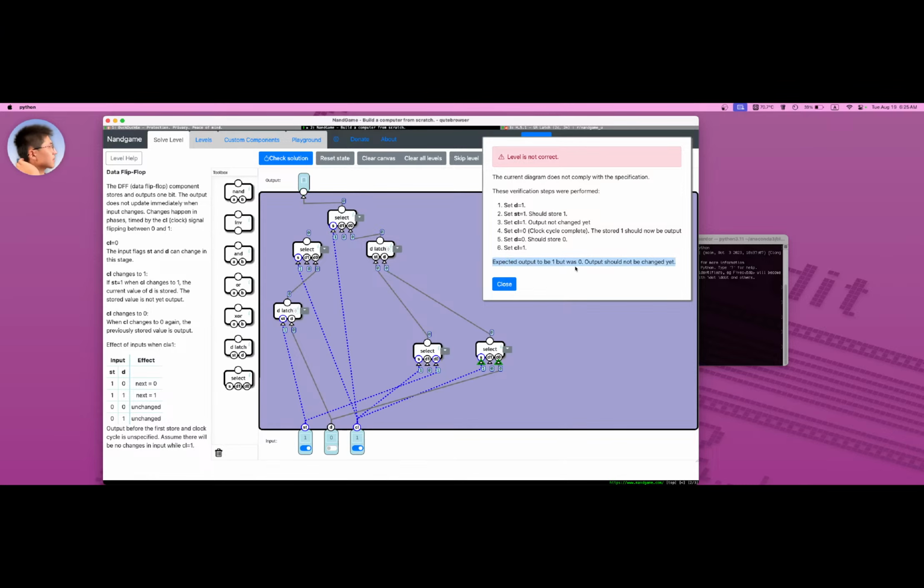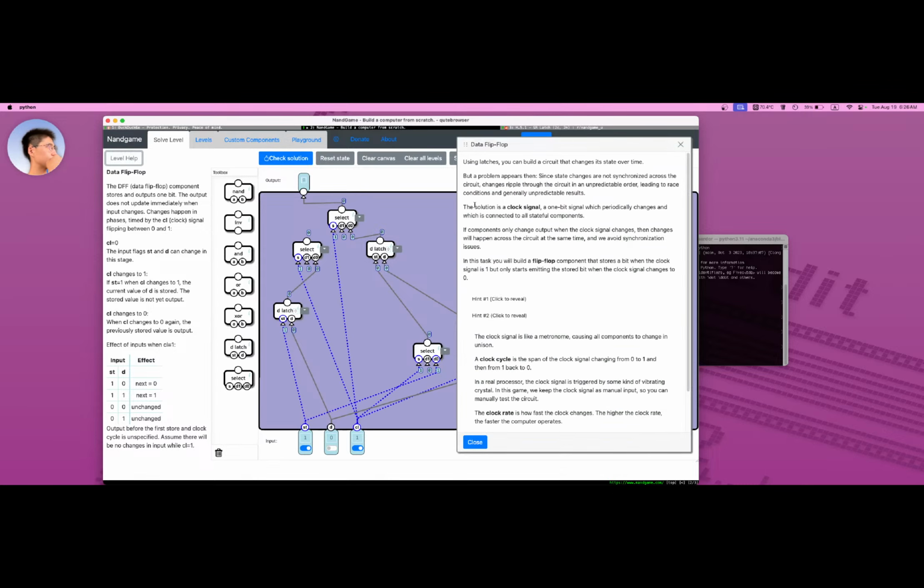But it's saying expected output to be 1. Let's ask for help.